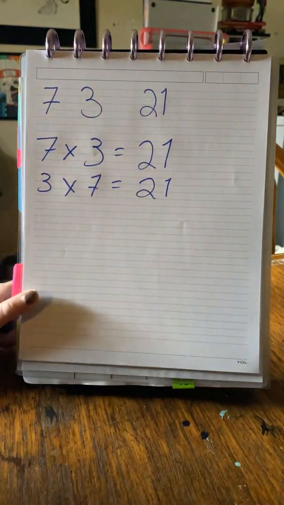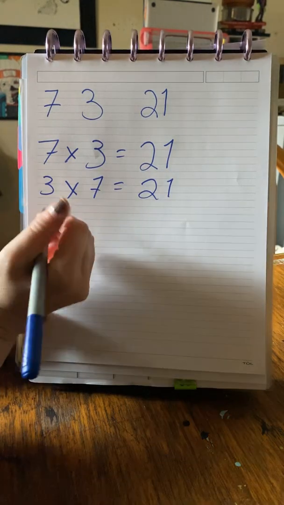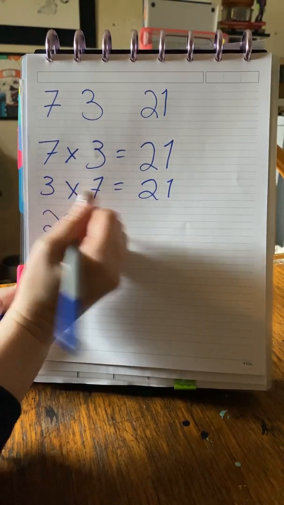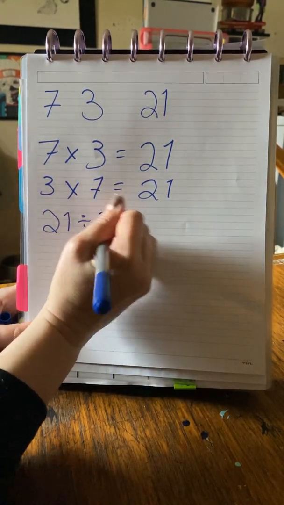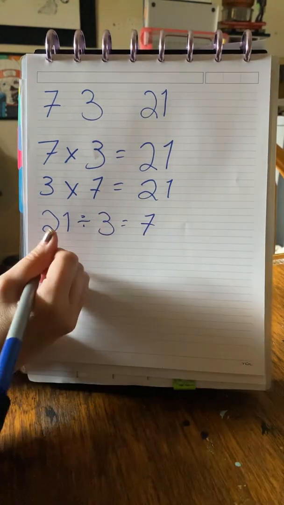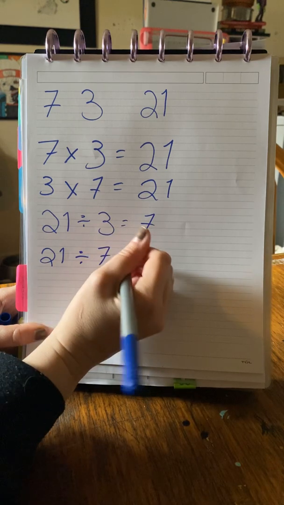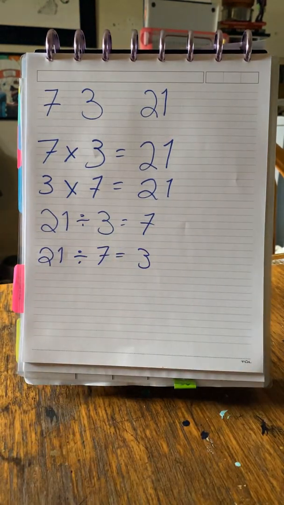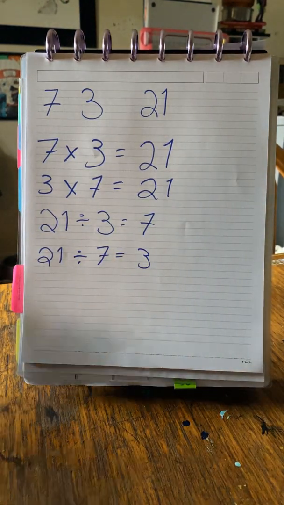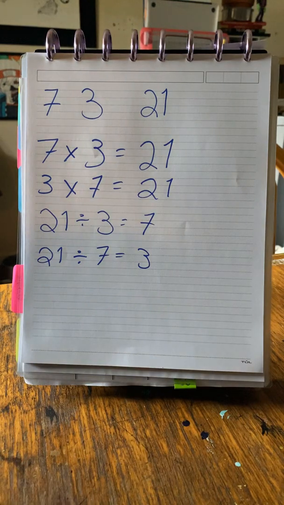Now let's do the inverse operation. We'll do our division. 21 divided by 3 equals 7. 21 divided by 7 equals 3. So that is our fact family.